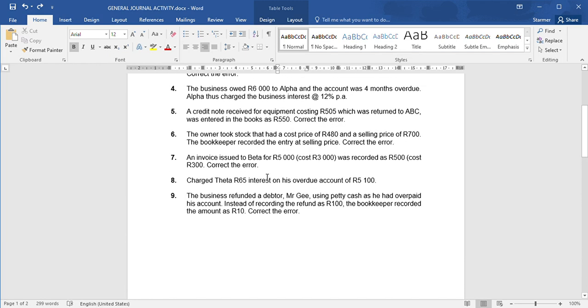Okay, the next one: an invoice issued to Beta for 5,000, cost 3,000, was recorded as 500, cost 300. Now for this one, we're going to need to do 2 entries for the selling price and 2 entries for the cost price. If you have a look at the selling price first of all, we recorded a sale as 500, but it should have been 5,000.